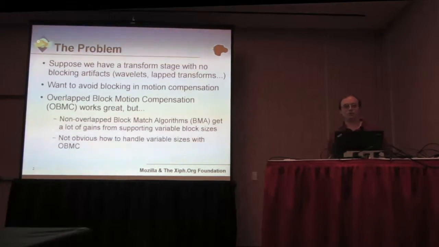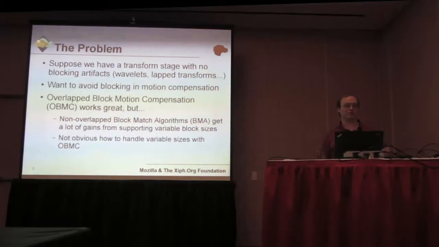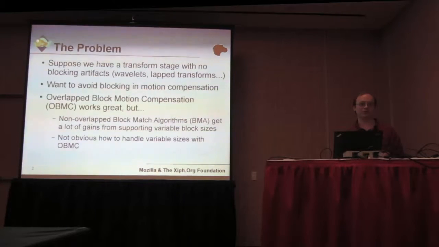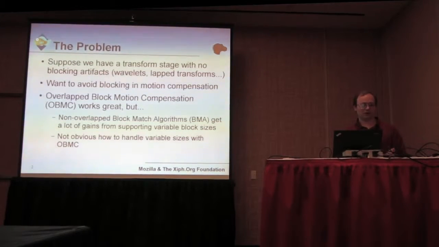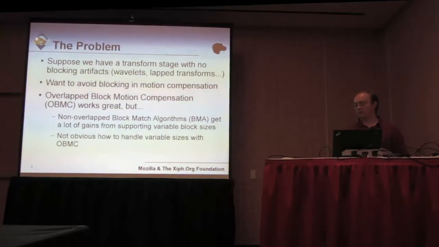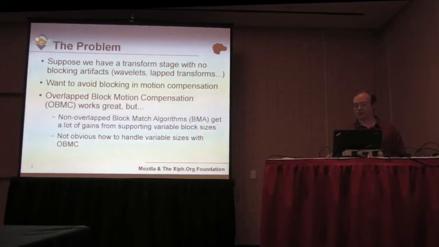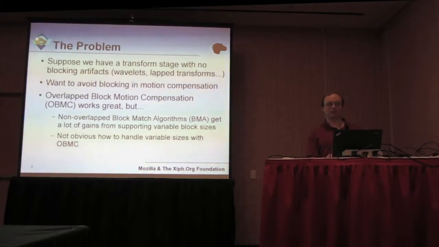But these days, people use highly variable block sizes, ranging from 64 by 64 all the way down to 4 by 4. In the non-overlap case, you get a lot of gains from being able to use these variable block sizes. But it is not obvious how you would do that with OBMC, because now you have a very complicated blending window that you construct.